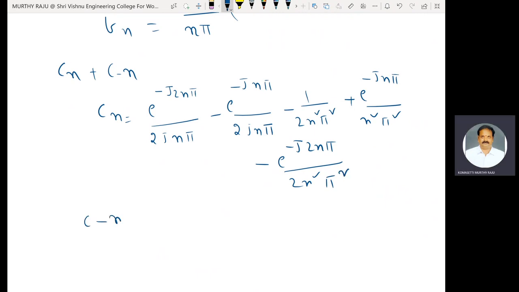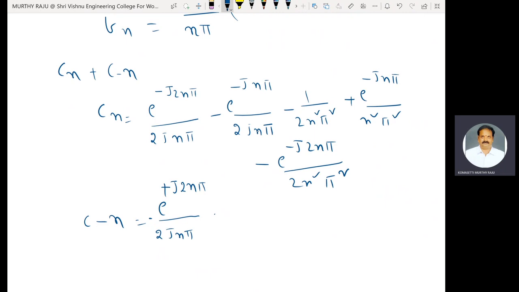Again, C minus n is equal to e^(j2nπ), here n is replaced with minus n, that is minus 2jnπ.